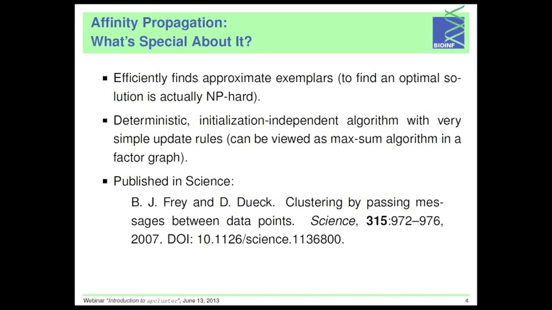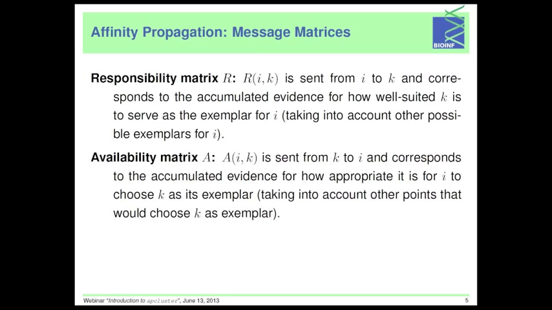Okay, just a few technical remarks. Actually, it's, as I told you, a message passing scheme. There are two sort of messages. They're not actually exchanged. I would rather call it a metaphor, but I think it's a nice metaphor to say that samples exchange messages.